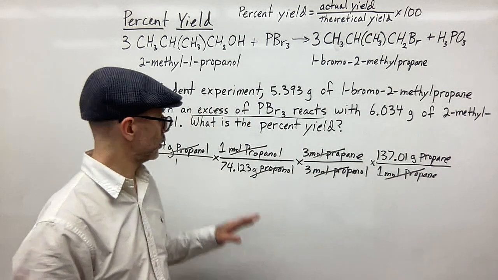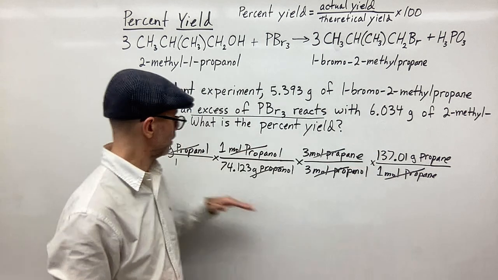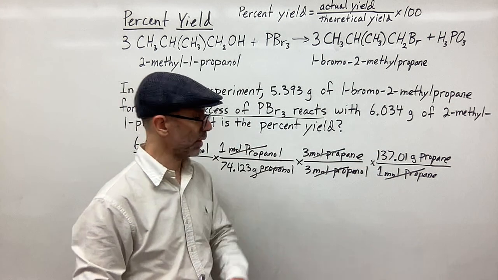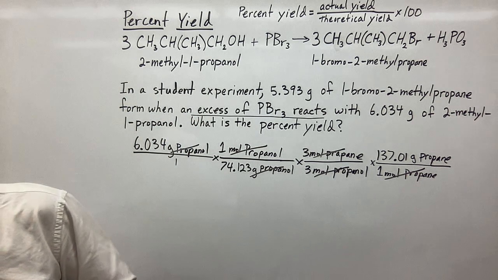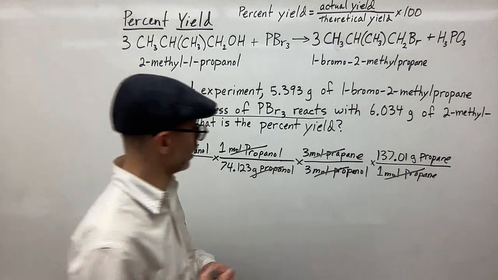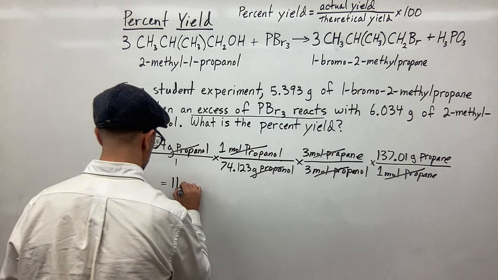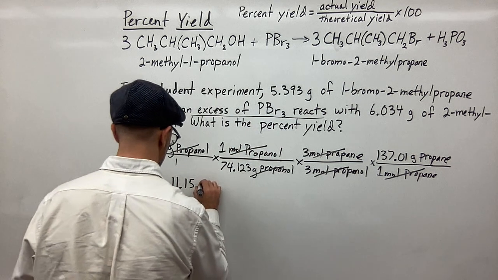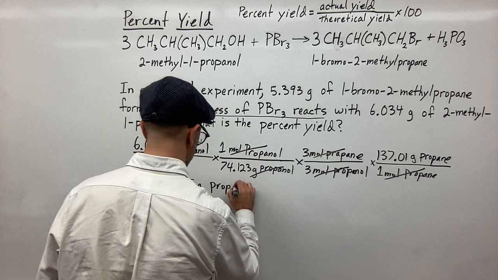So all I need to do now is multiply by everything on top, divide by everything on the bottom, and I get my answer. And the answer is 11.15. So that's going to be equal to 11.15 grams of the propane.